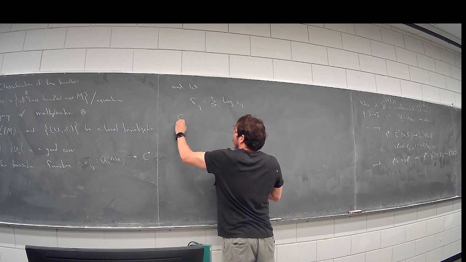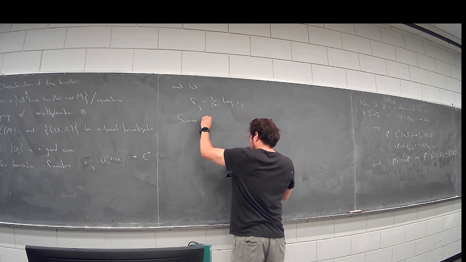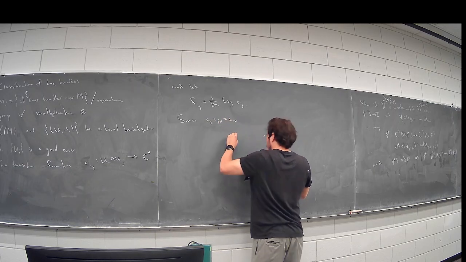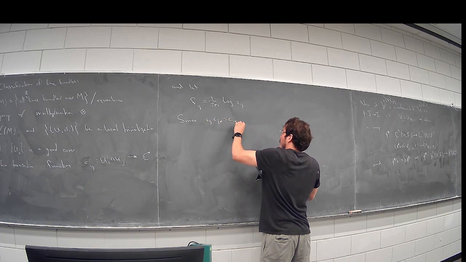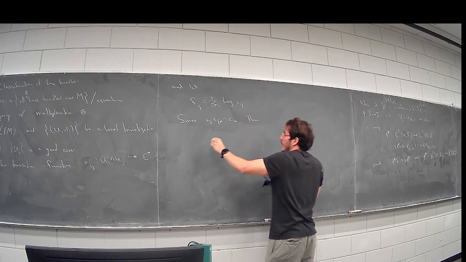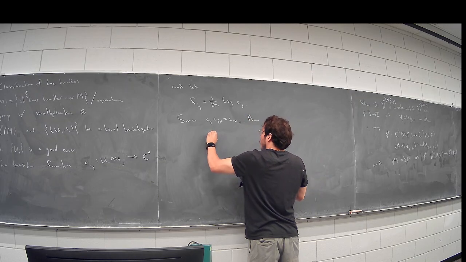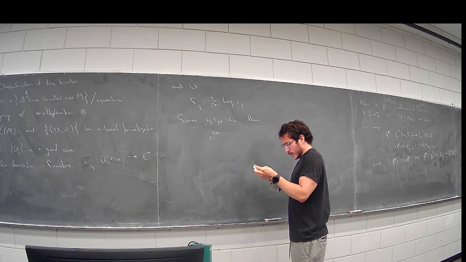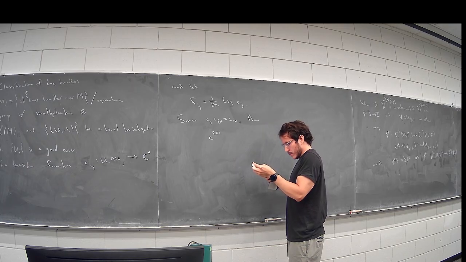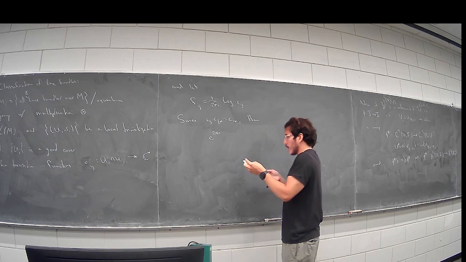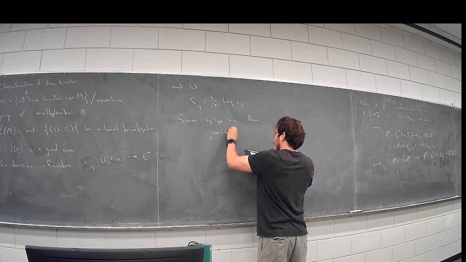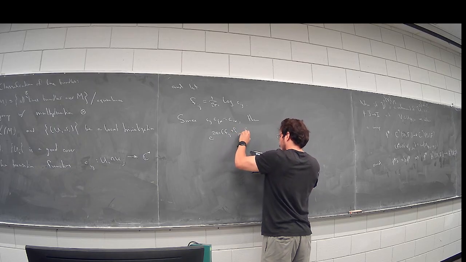Since we have that Cij Cjk equals Cik, what we can do is look at e to the 2 pi i of Fij plus Fjk minus Fik.